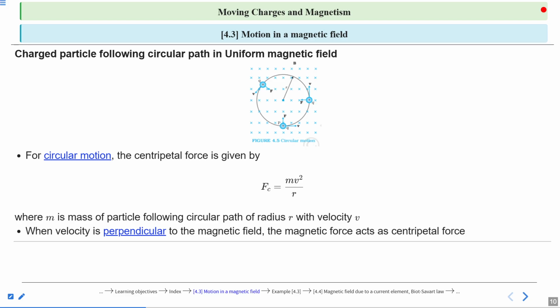When velocity is perpendicular to the magnetic field, the magnetic force acts as centripetal force. When there is a perpendicular component of velocity to the magnetic field, circular motion is followed. So the magnetic force is acting as centripetal force, which results in a circular path.